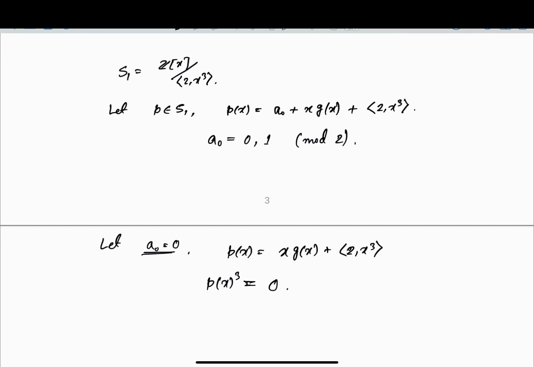So p(x) cubed is 0, which implies p(x) is a nilpotent element. Here the zero element is basically (2, x^3), right? So p(x) is nilpotent.